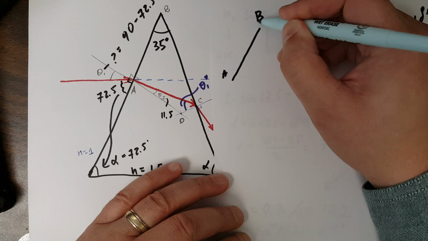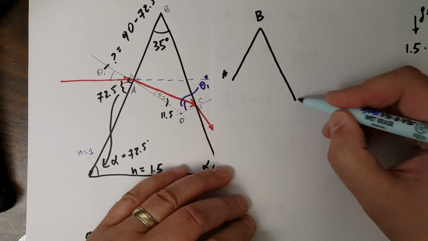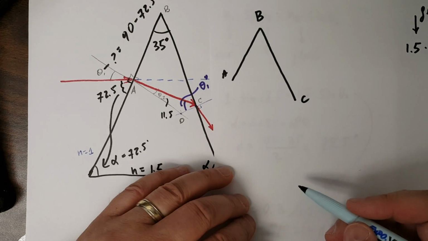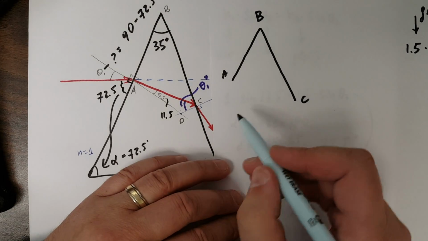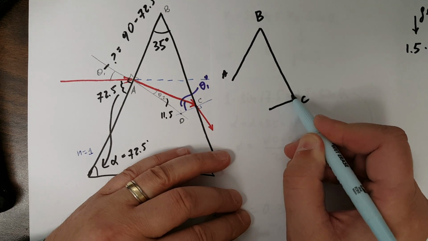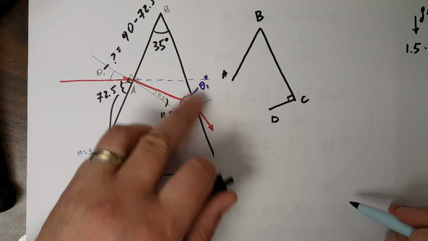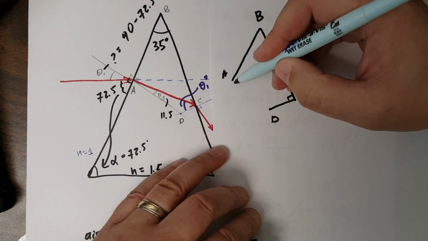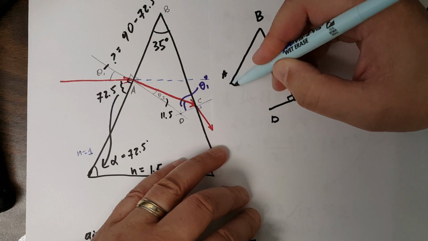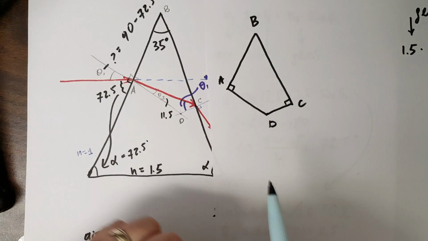A, B, C. Now D somewhere here, and I know this line is perpendicular to this side of the prism, and this line is perpendicular to this side of the prism.